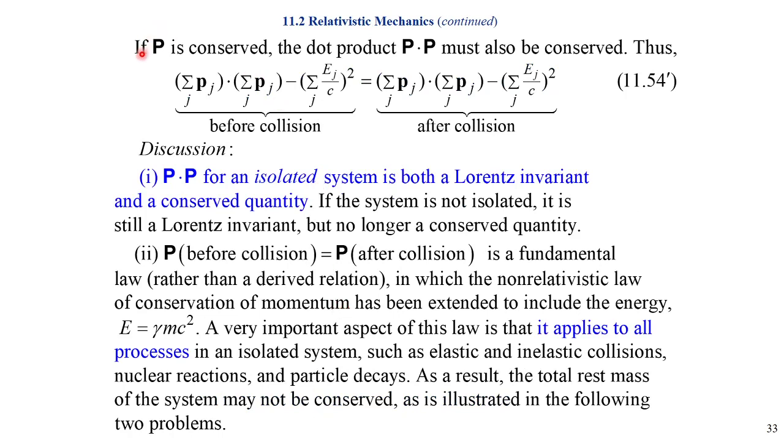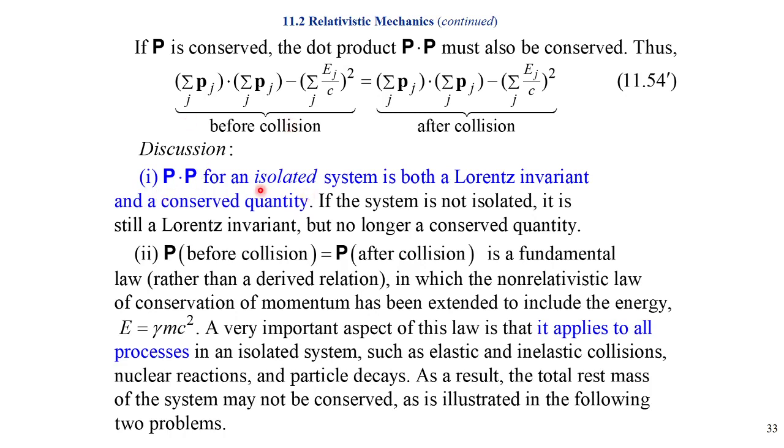Okay, and P is a conserved quantity. The dot product of P must be conserved. P dot P should be this one, the sum over Pj dotted with the sum over Pj. So before collision and after collision, they should be the same. So let's discuss.